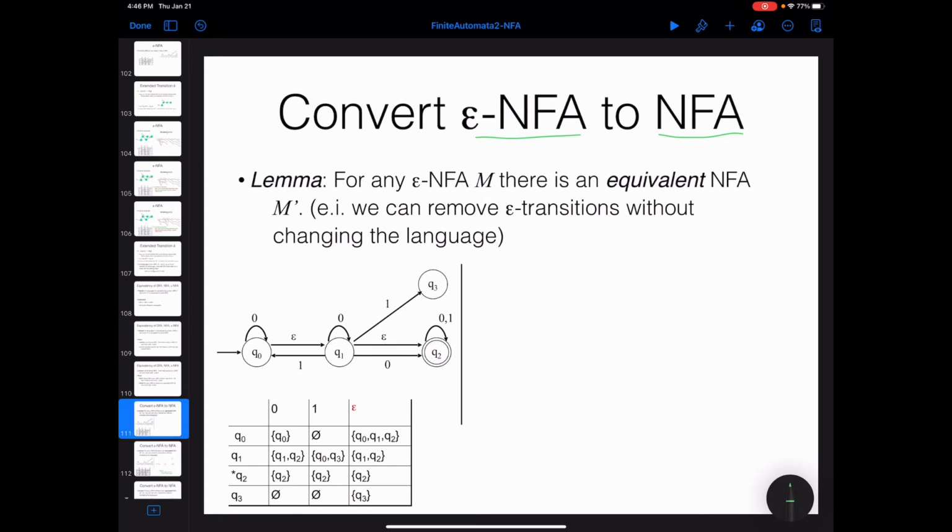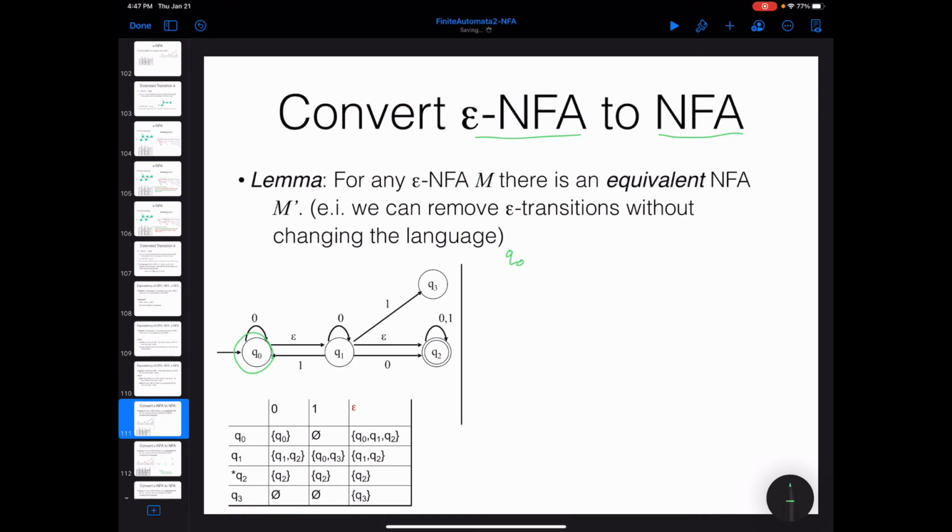So what you are doing here is that, again, I will try to keep track of which states I can be in. If I start from Q0 in my epsilon NFA, where can I be in general? So the whole idea is that you apply the epsilon closure over your state. For example, here it's going to be Q0.